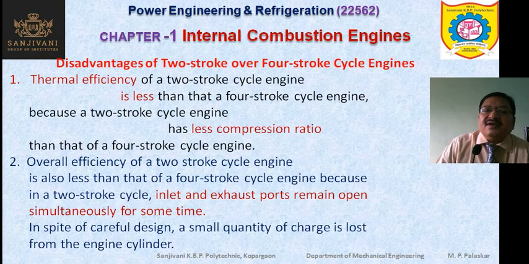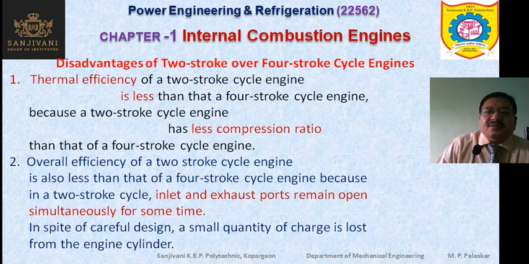Though the efficiency of the 2-stroke engine increases due to the more number of power strokes, the factor of the less compression ratio becomes more important. So since the compression ratio of the 2-stroke engine is less than the 4-stroke engine, the efficiency of the 2-stroke engine is less than the 4-stroke engine.